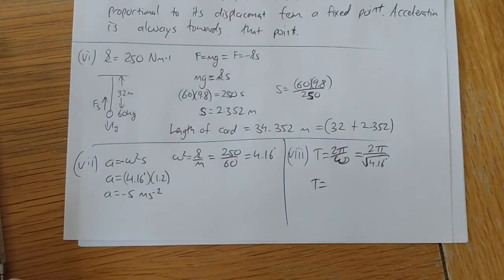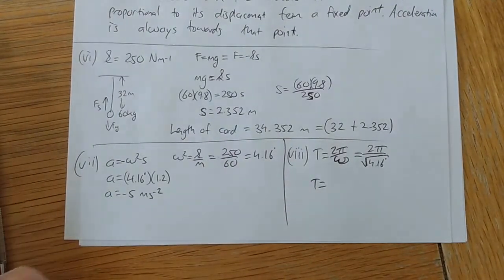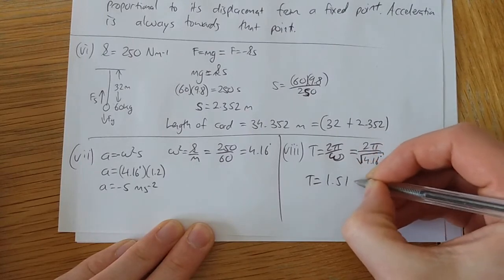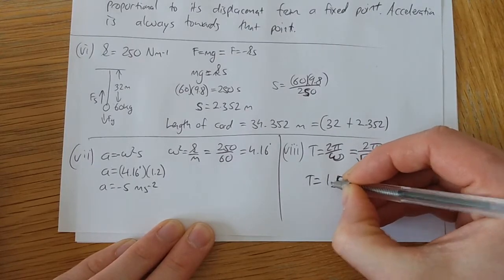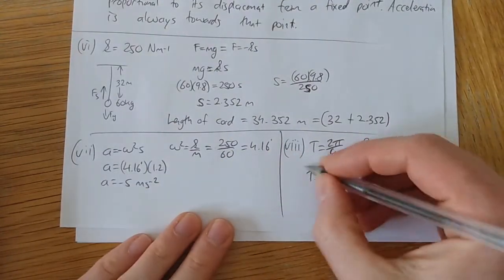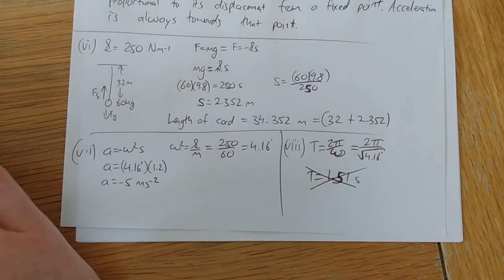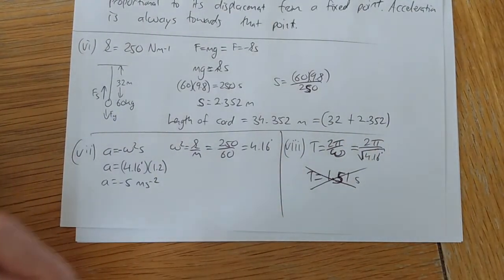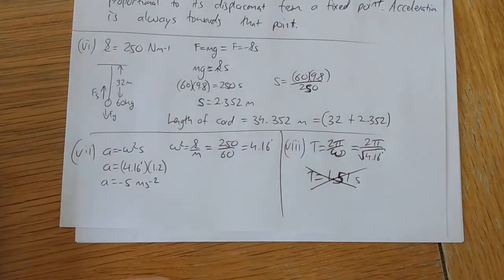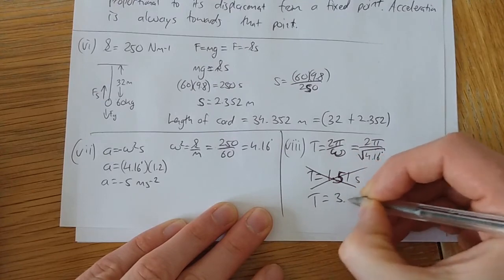So 2 times pi... 1.51 seconds, let's call it. No, that's wrong. I forgot to square root. T is equal to 3.08.